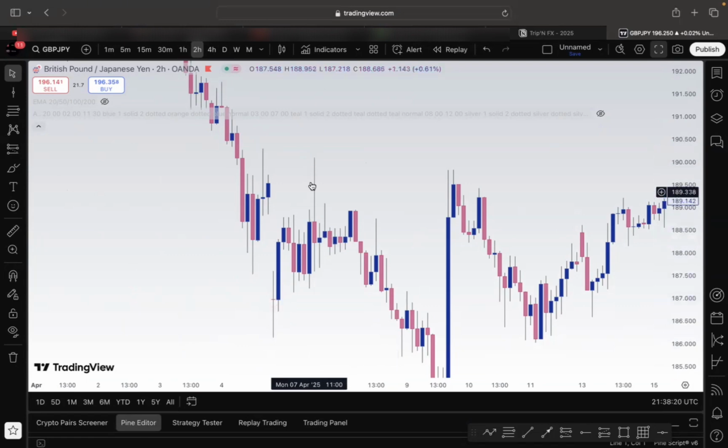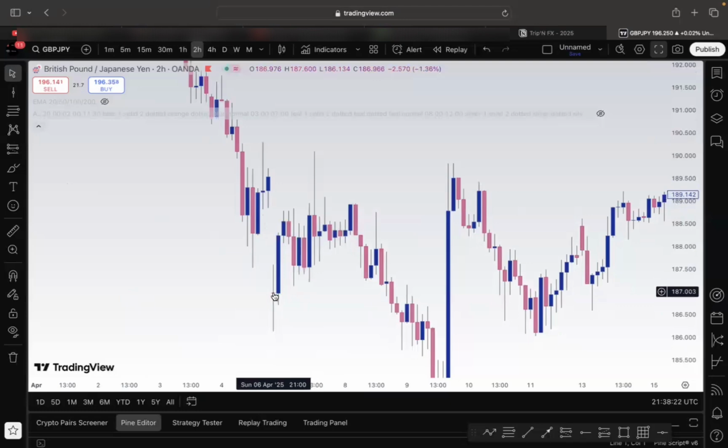Before it went up again, it also gave another signal, another doji here, and that's what caused the uptrend.